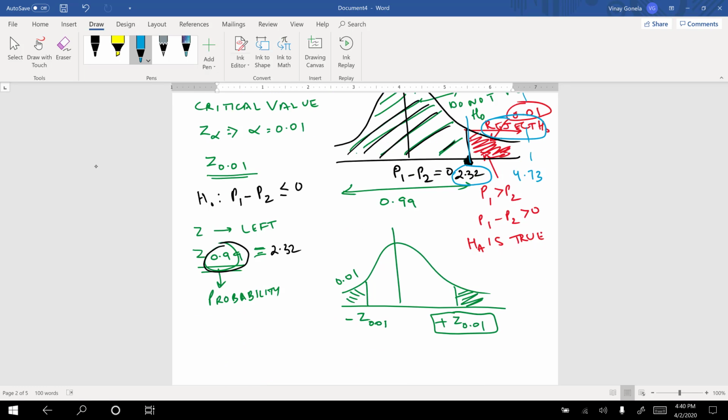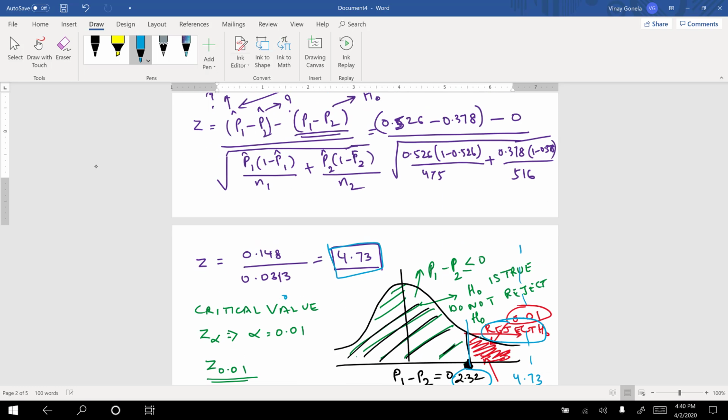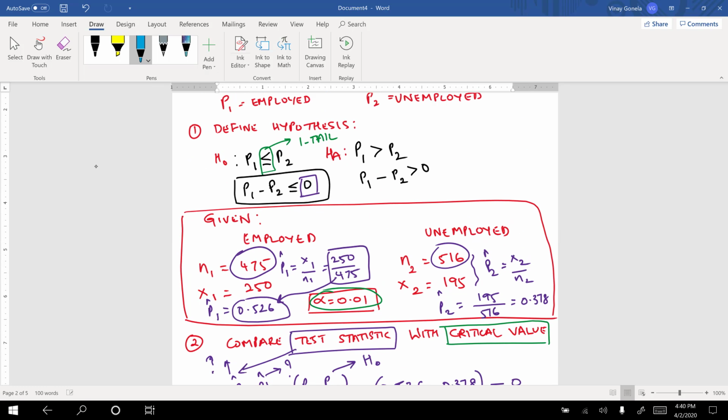So we are saying reject H null. If I am saying reject H null, that means the statement P1 less than or equal to P2 is false. That means inherently the statement P1 greater than P2 is true.